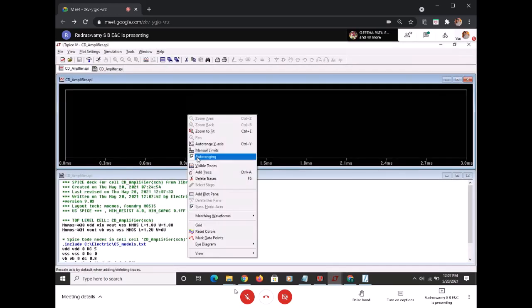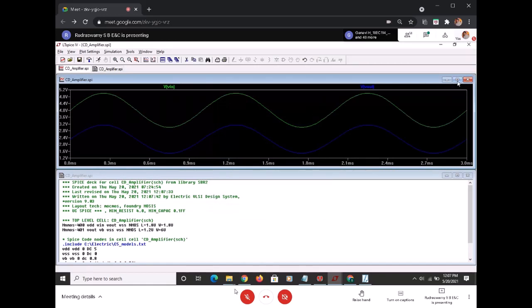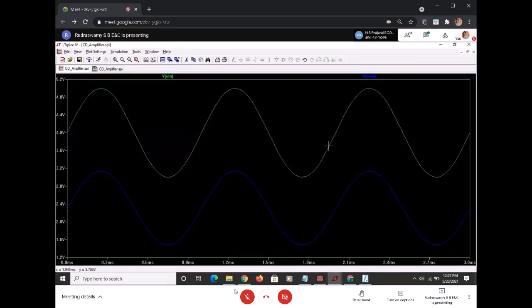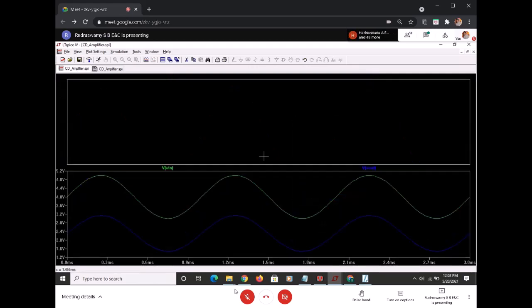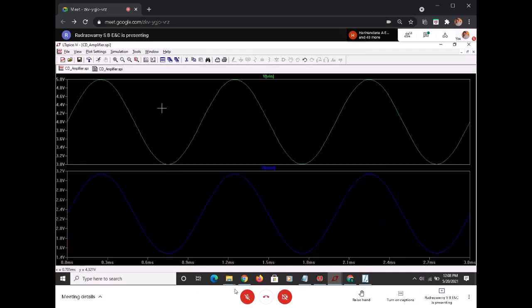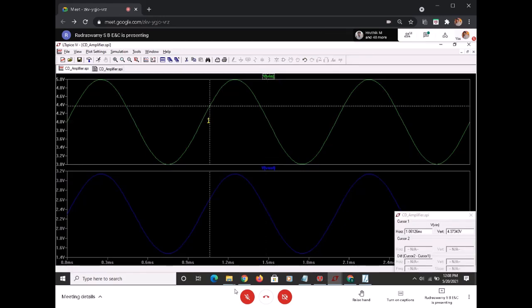Again, visible trace, V in, V out. If you want, you can add one more plot. You can take your V in somewhere over here. Now you can find out your things.